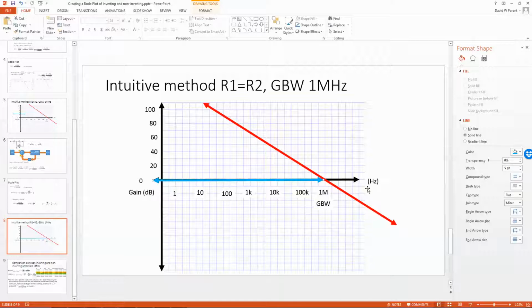Now, for a first pass, if your gain was minus 1 or 0 dB, you could draw this. So you wouldn't really have negative 20 dB of gain in this case. It's really 20 dB of gain with a phase of minus 180, right? And I can keep dragging this up.